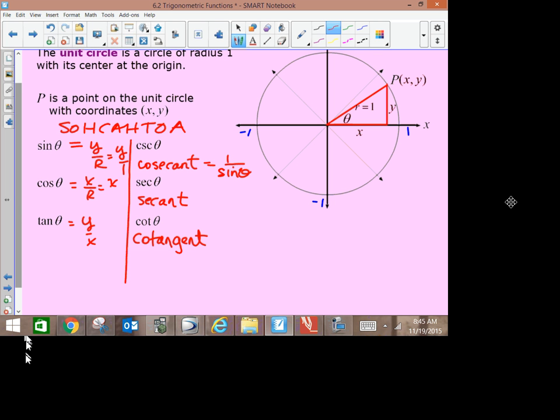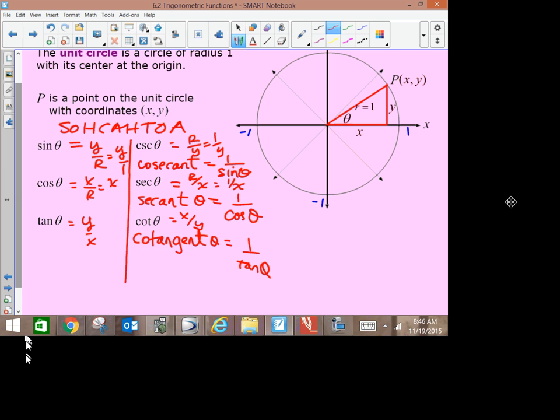If we flip y over r, we have r over y, or 1 over y in the unit circle, since r is 1. Secant is 1 over the cosine, so r over x, or 1 over x. Cotangent is 1 over tangent, which in terms of x and y is x over y.